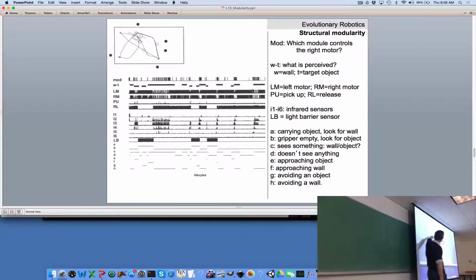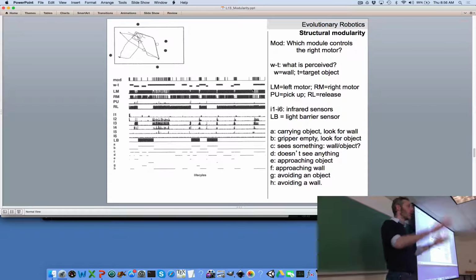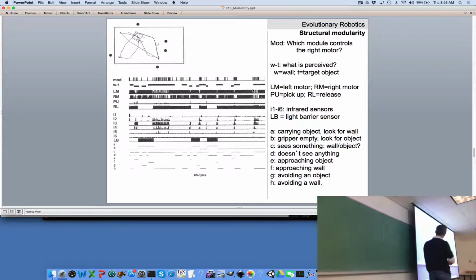If these were in perfect correspondence, whenever it was black up here, it would also be black down here, and wherever it was white here, it would also be white down here. So definitely, these modules do not correspond to what should I do when I perceive a wall, and what should I do when I perceive the target object.